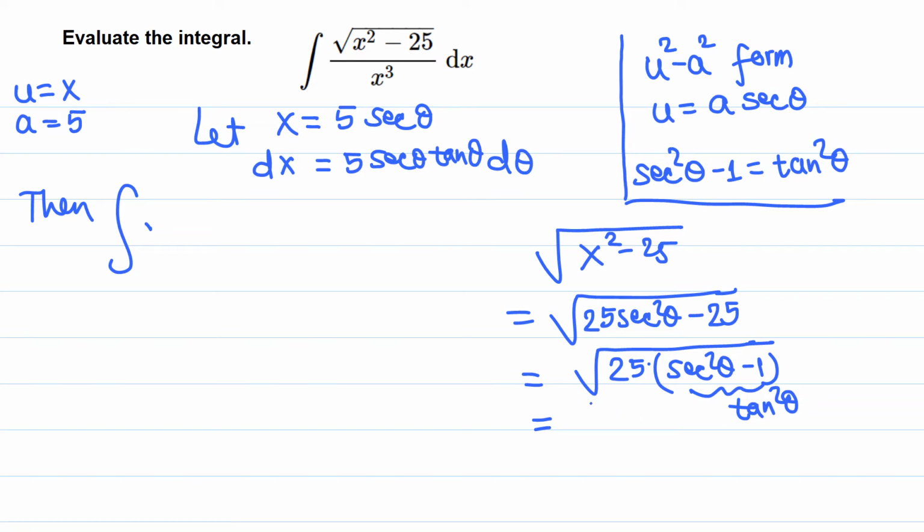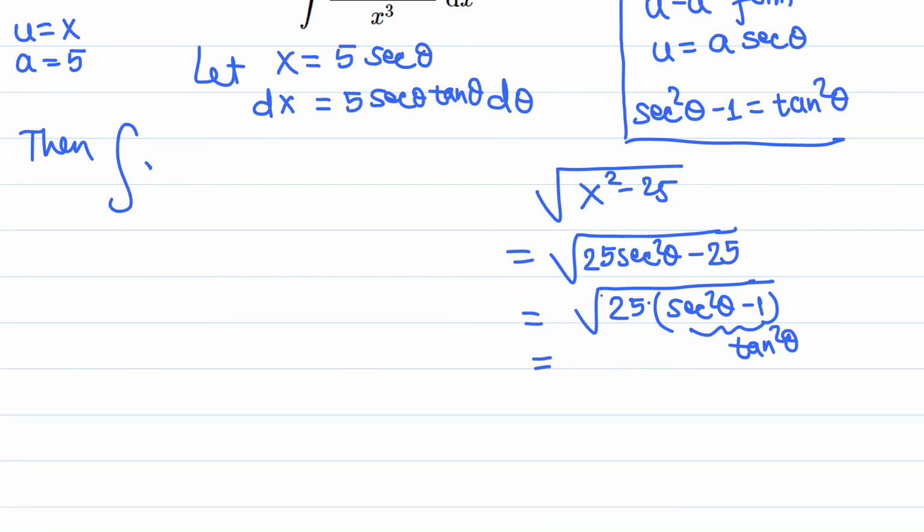Now we can take the square root here. The square root of 25 is 5, and the square root of tangent squared theta is tangent theta.